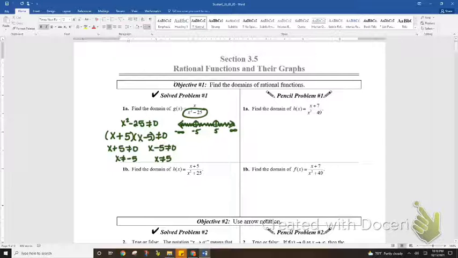So I'm going to have 3 intervals here: negative infinity to negative 5, union, negative 5 to 5, union, and 5 to infinity. And so there is our domain.